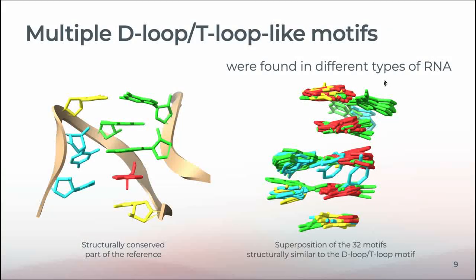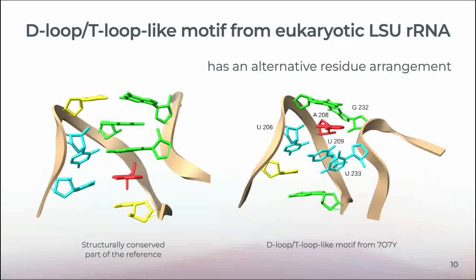We can see a high density of residues at each position. Also, we can see by color the diversity of base types at each position. Let's look at the examples. Here one has an alternative residue arrangement.